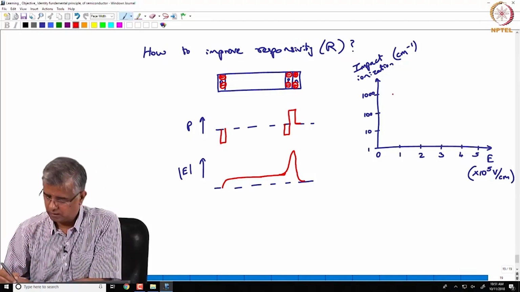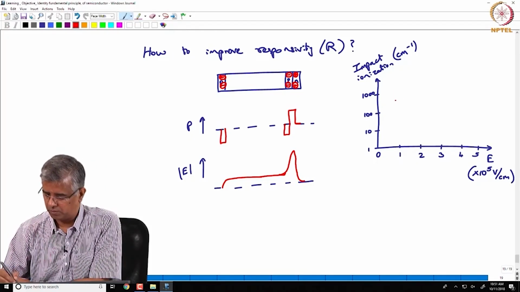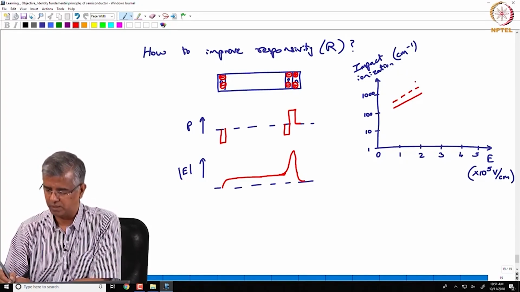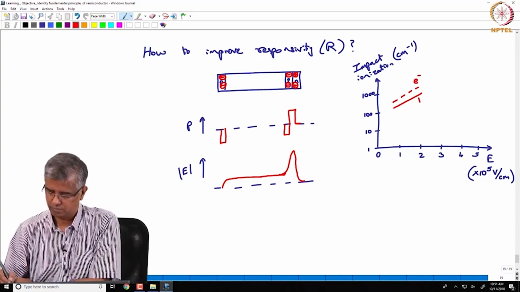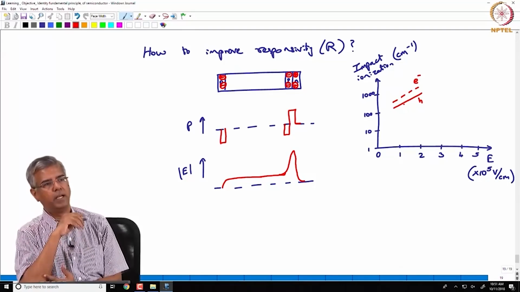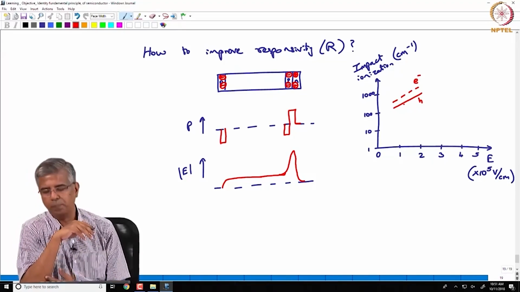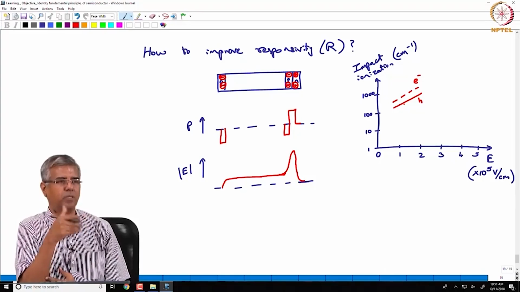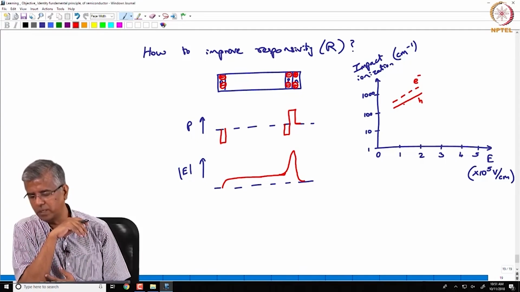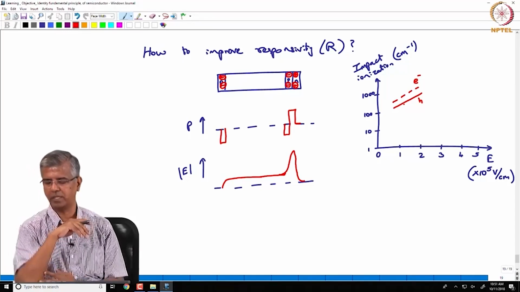If you look at the impact ionization coefficient for indium gallium arsenide, for the electrons it will be something like this, and for the holes it will be something like this, right. Holes have a smaller impact ionization coefficient, typically because the mobility of the holes is slower compared to the electrons in materials like indium gallium arsenide.